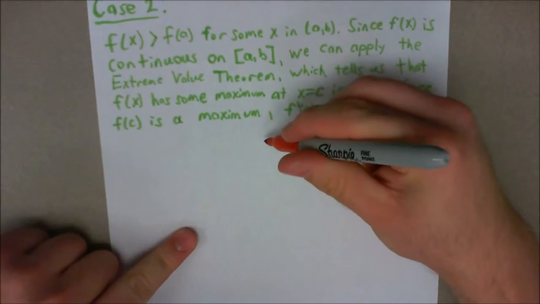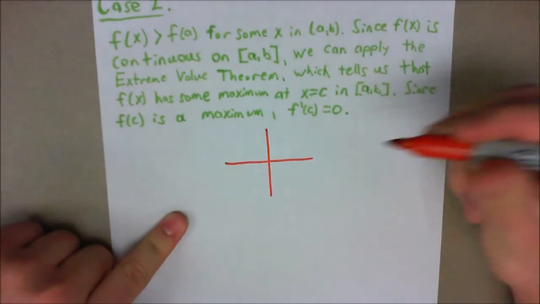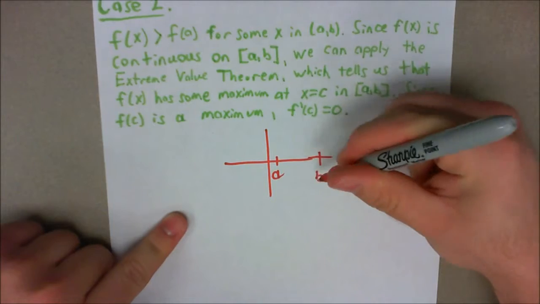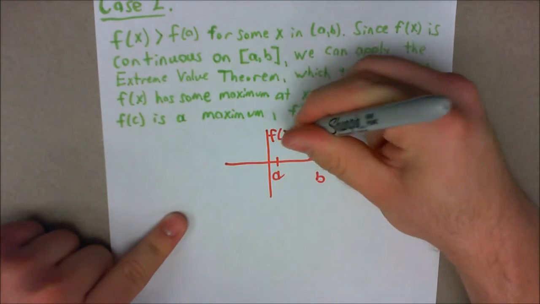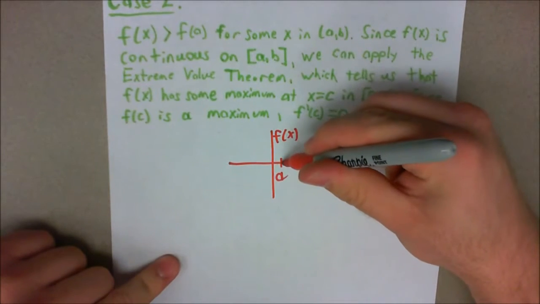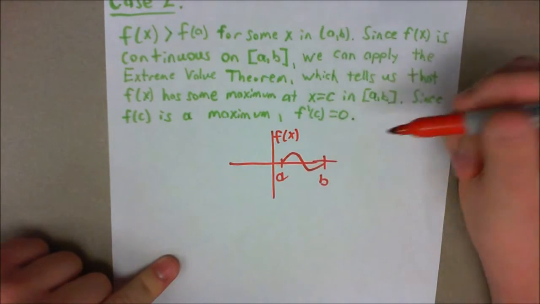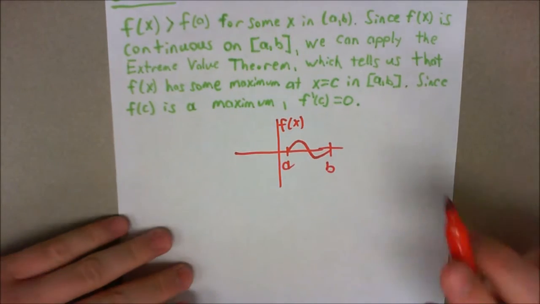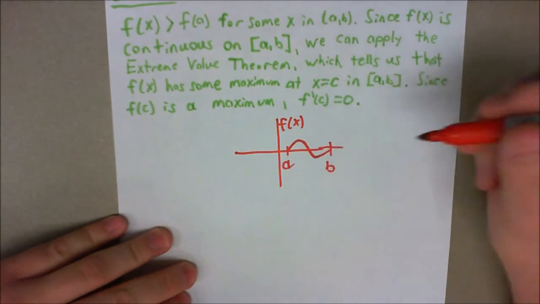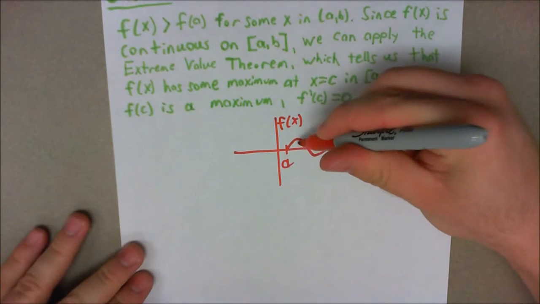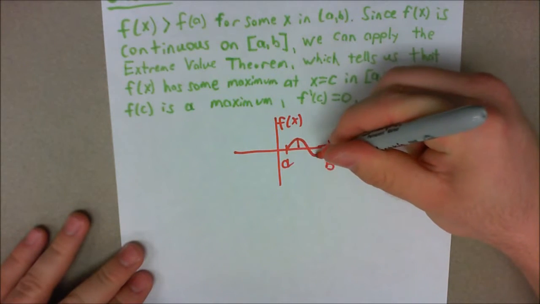So to put it in simpler terms, if we have, once again, our function from a to b, we have f of x, and at some point it's higher than f of a, so we'll say it looks like this. It could also just be one large hill. Doesn't make too much of a difference. The extreme value theorem tells us that there's some c where we achieve a maximum and a minimum.